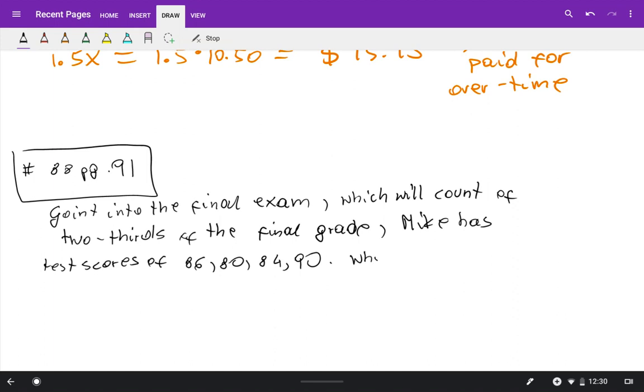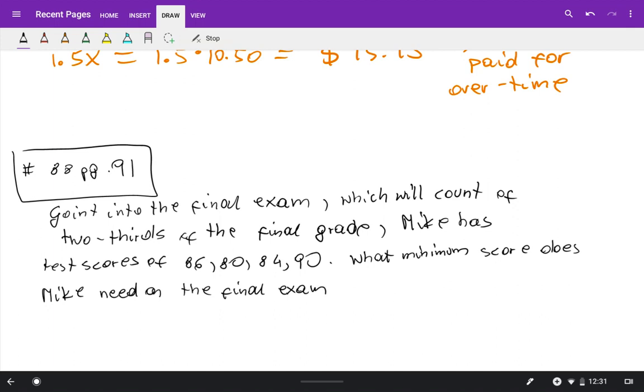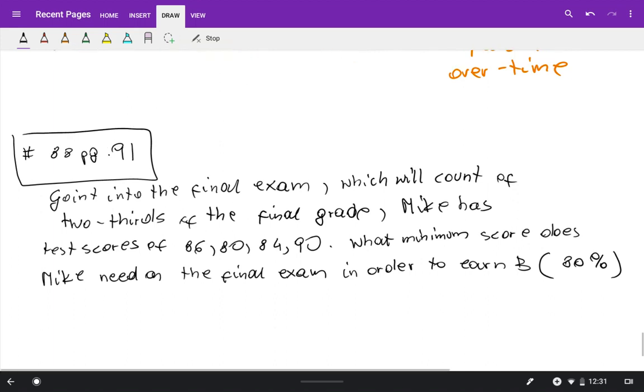What minimum score does Mike need on the final in order to earn a B? A B requires an average of 80, which means 80%. Okay, 80.